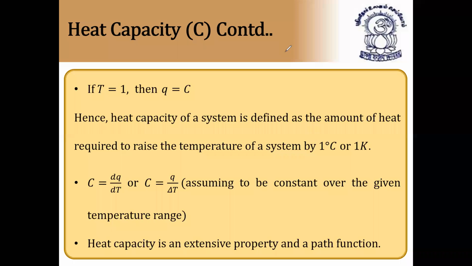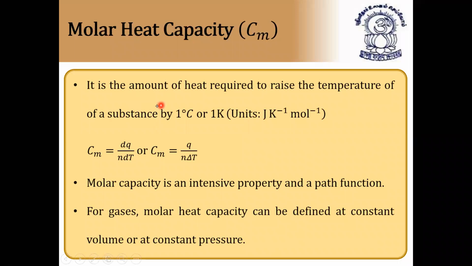Let us see now. Molar heat capacity is the amount of heat required to raise the temperature of 1 mole of a substance by 1 degree C or 1 Kelvin.